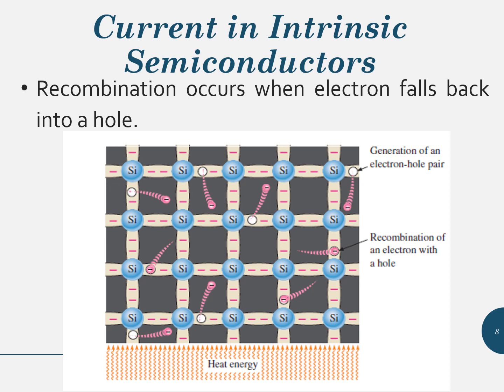As you can see here, free electrons are being generated continuously, while some of these free electrons recombine with holes, as you can see here. So this is what we call generation, and this is recombination of carriers.